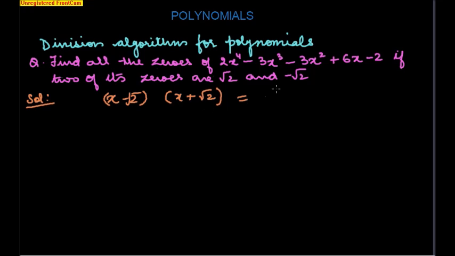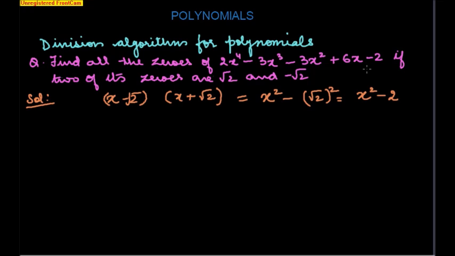That means when you multiply them, we apply a minus b into a plus b, and we get a square minus b square, which is equal to x square minus 2. So we say now this is a factor of this, because if two numbers are the factors of one number, let's say a number 12 has two factors, 3 and 2.